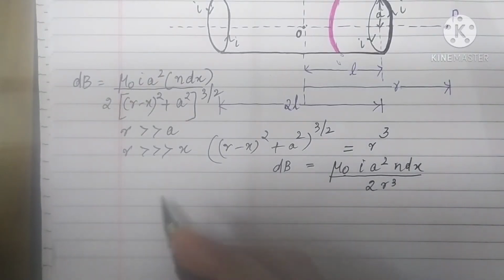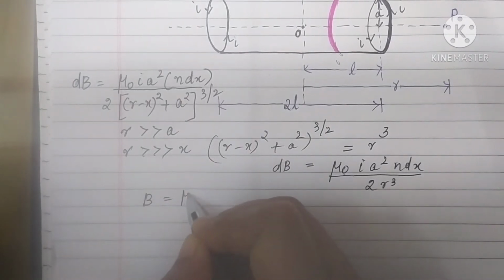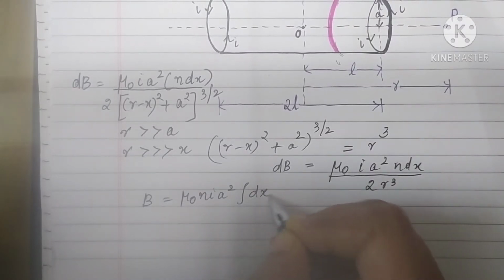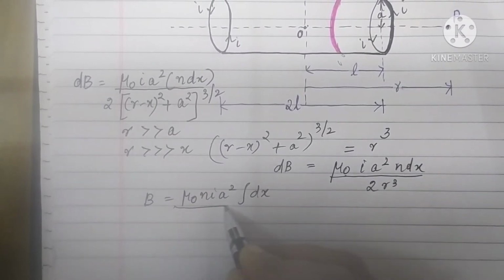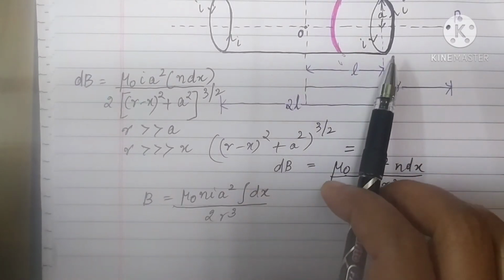So by integrating, you will get B equal to, with all the constants taken outside, mu naught n I a squared integral dx divided by 2 r cube. When you integrate, you give the limits.